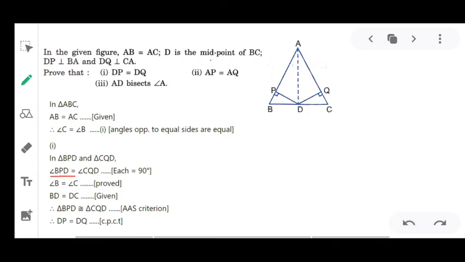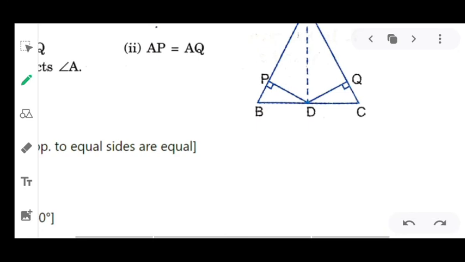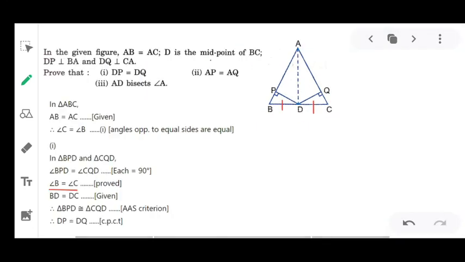Next, angle B equals angle C, this is already proved here. Then BD equals DC, because D is the midpoint of BC, so BD equals DC, that is also given.